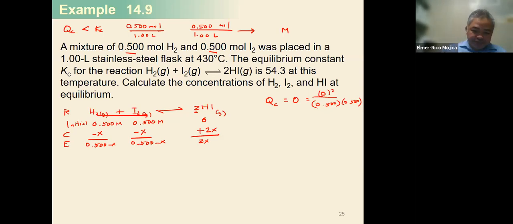Do you follow? Question. If this is a 10 points question and you were able to set this up, you already have around 6 points. But we're not yet done.